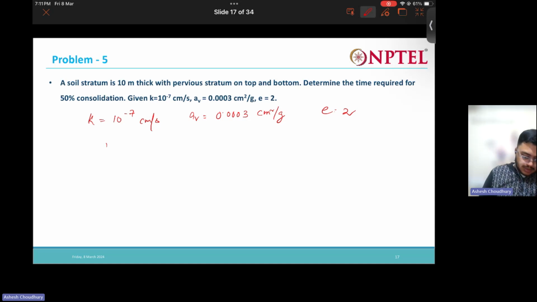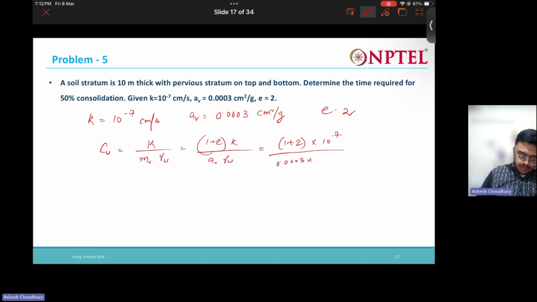What is Cv? K by m_v into gamma_w. What is m_v? a_v by 1 plus e_0. So Cv equals K (1 plus e) by a_v gamma_w. So put the values and find out Cv. Gram and cm, right? So let us put in gram per cc.